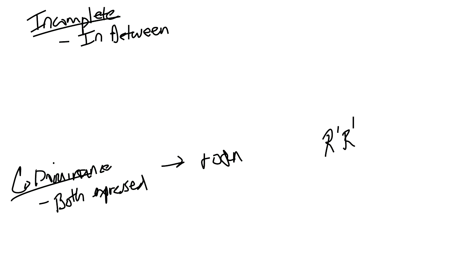So let's say R1 is a cow with red coat. Okay, then we'll say R2 is a cow with white coat color.